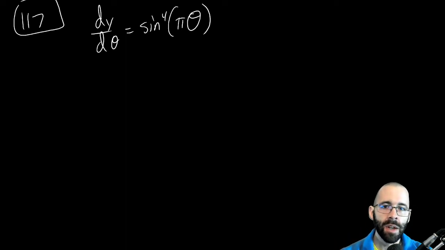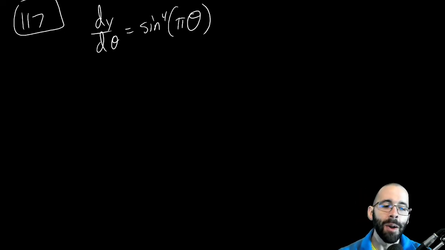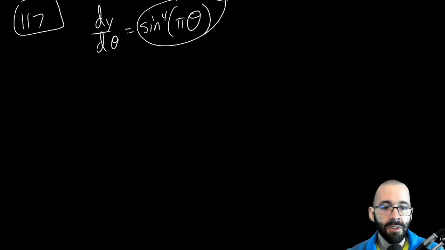A differential equation is just an equation with a derivative. Differential equations are actually very complicated, but in theory, it's just an equation that has a derivative in it. So give me a function y so that the derivative of that function y with respect to theta is equal to this other function of theta.